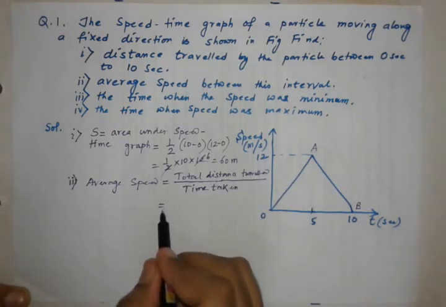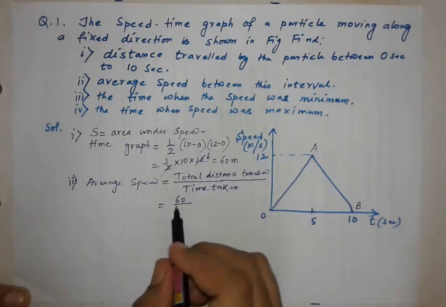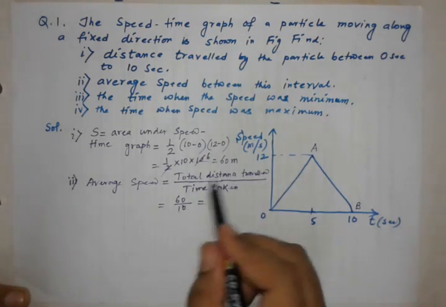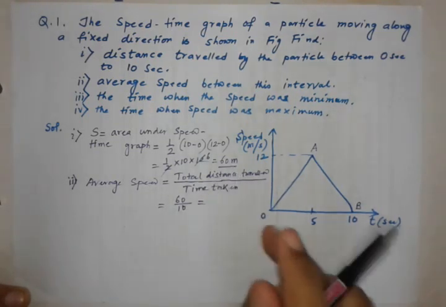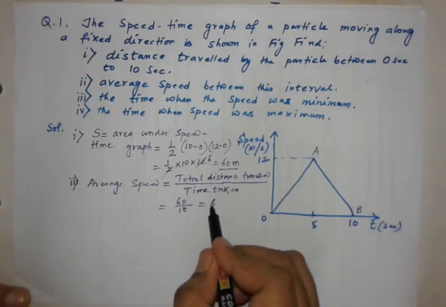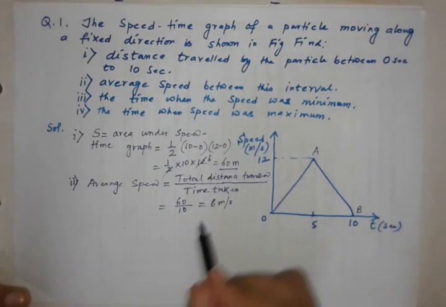So it will be 60 by 10. Total distance is 60, and time taken is 10 seconds. So 60 by 10 means 6 meter per second.